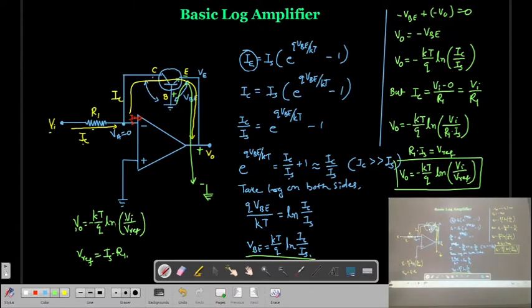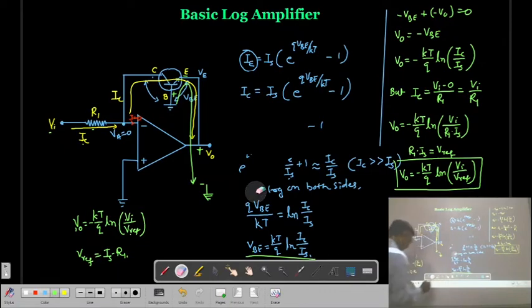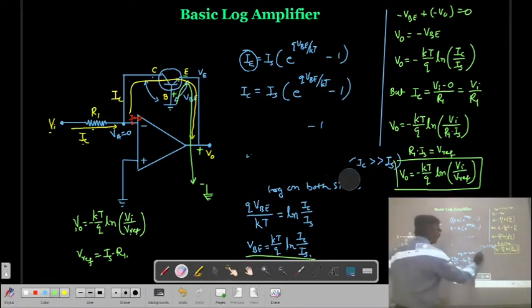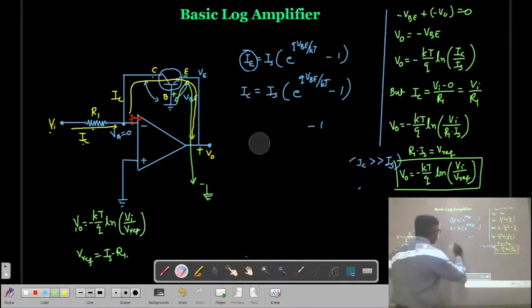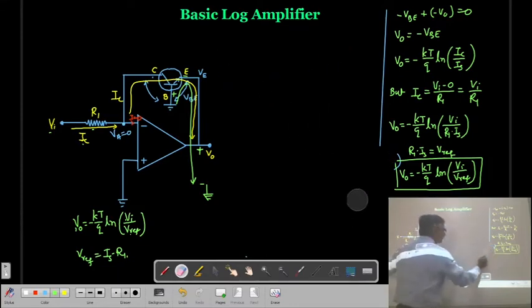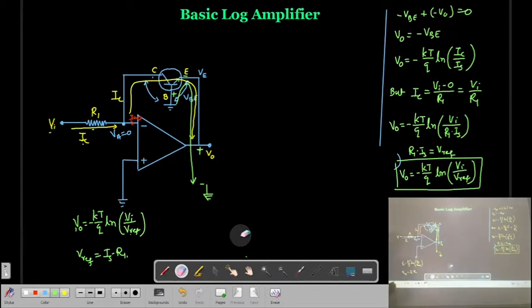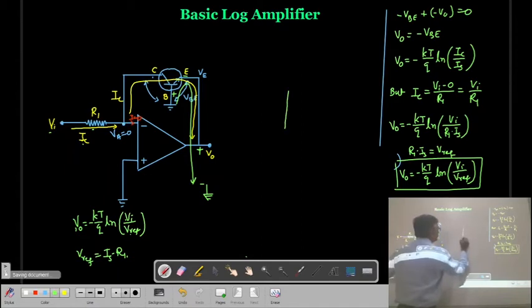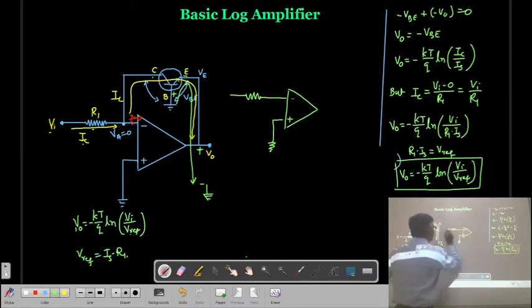Now sometimes instead of a transistor, you can also have a circuit like this. Remember, that is the non-inverting terminal connected to the ground. Here you have the inverting terminal.